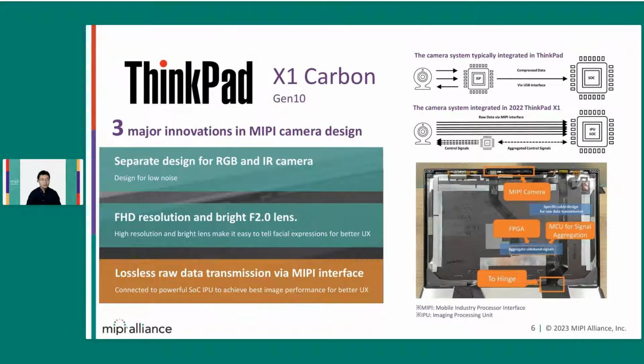This high resolution and bright lens make it easy to tell facial expressions, for a better user experience. We also leverage the powerful IPU inside the SoC, so we need to transfer lossless raw data via the MIPI interface and connect to the SoC IPU to achieve the best image performance.